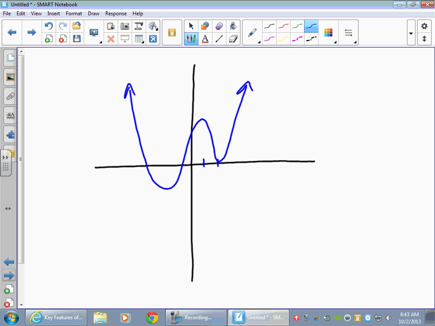Okay. So if I have something like this, the big key is understanding that here, of course, here and here as well, I've got zeros. But in this case, for the first time I've seen, my graph does not go through the x-axis, but actually bounces back off.